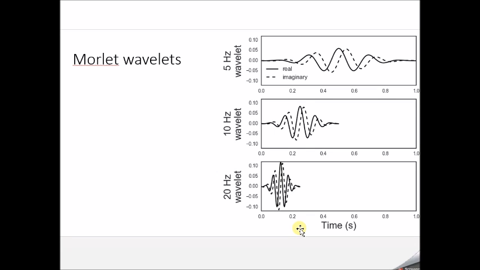So this is just a few examples of Morlet wavelets for different frequencies. This top one is 5 hertz. Notice that it's longer, more spread out than the wavelets at 10 hertz and 20 hertz.